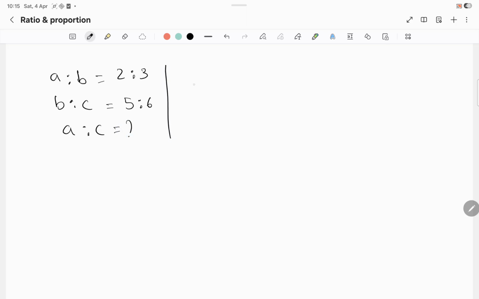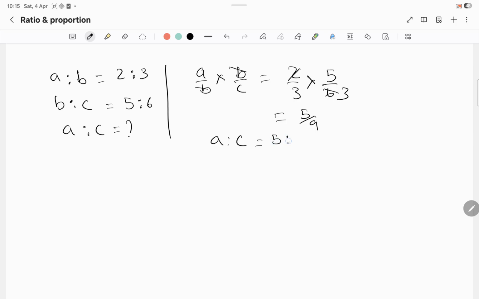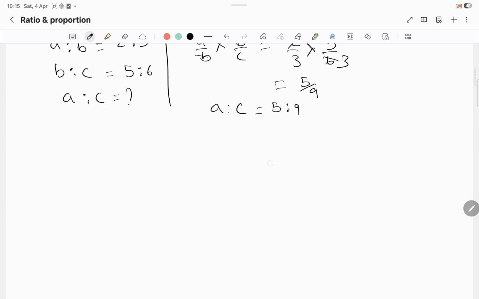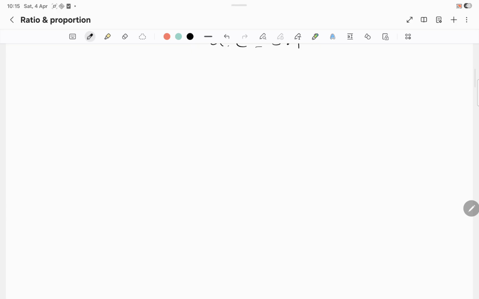We need A and C, means A by B into B by C. If you do, B and B will get cancelled, we get A by C. So 2/3 into 5/6. Now 2 ones, 2 3s, we get 5/9. Or A is to C is equal to 5:9.